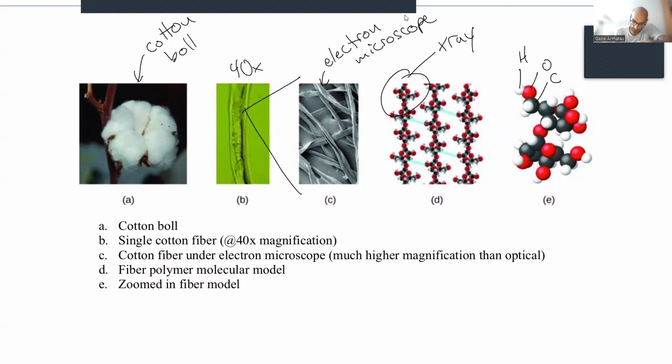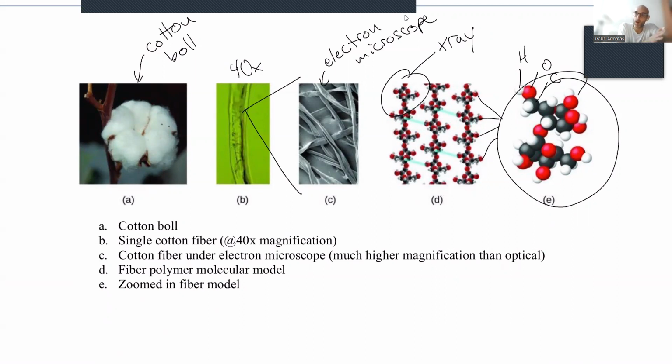This right here is just one molecule, but you notice 1, 2, 3, 4, and so on. Each of those strands is composed of a bunch of those different cotton molecules, cellulose-type molecules. So what I'm saying is the world is very small, and we can use these methods to see it.